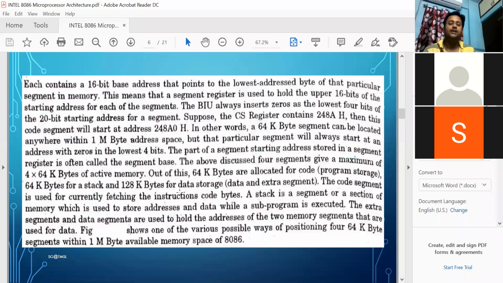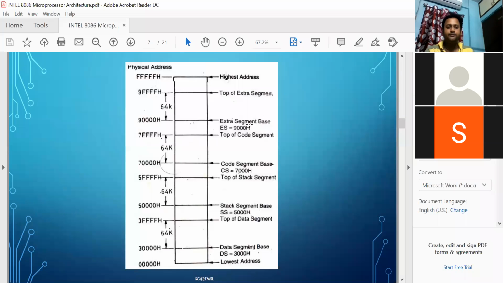Like in this example, the total memory space is 1 MB and the address lines are 20 bits wide. So here it starts from 00000, and the last address of memory will be FFFFF. Now according to the 20-bit address, each hexadecimal digit is equivalent to 4 binary digits.